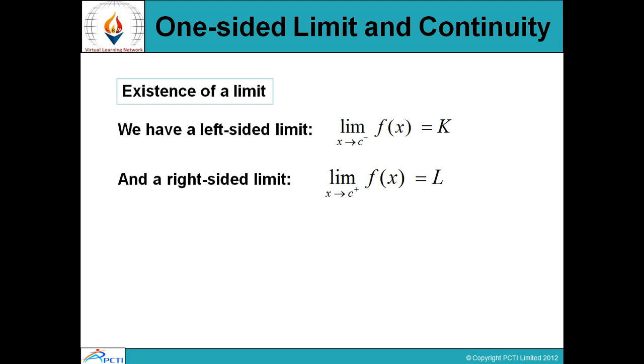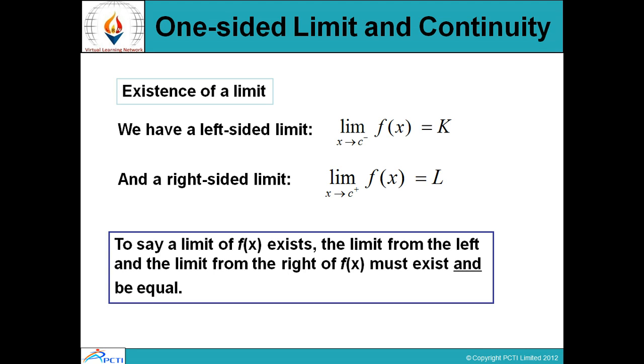Existence of a limit. We have a left-side limit, limit x tends to c from the left of f(x) equal to k, and a right-side limit, limit x tends to c from the right of f(x) equal to L. To say the limit of f(x) exists, the limit from the left and the limit from the right must exist and be equal.